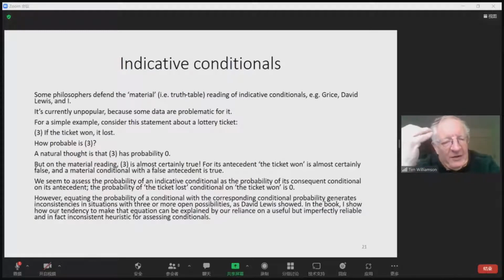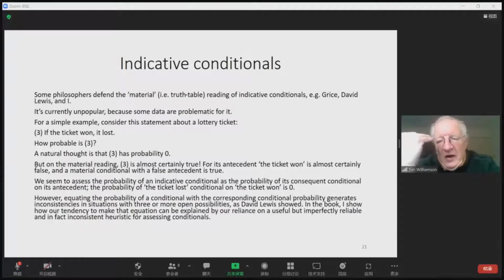Now, the trouble with that is that if you just equate the probability of a conditional with the corresponding conditional probability, if you take that equation in general for all indicative conditionals, it actually generates inconsistencies in situations which have 3 or more open possibilities. Roughly speaking, situations where you're dealing with at least 3 epistemically possible worlds, 3 possible worlds that for all you know are the actual world. The first person who proved results along these lines was David Lewis.